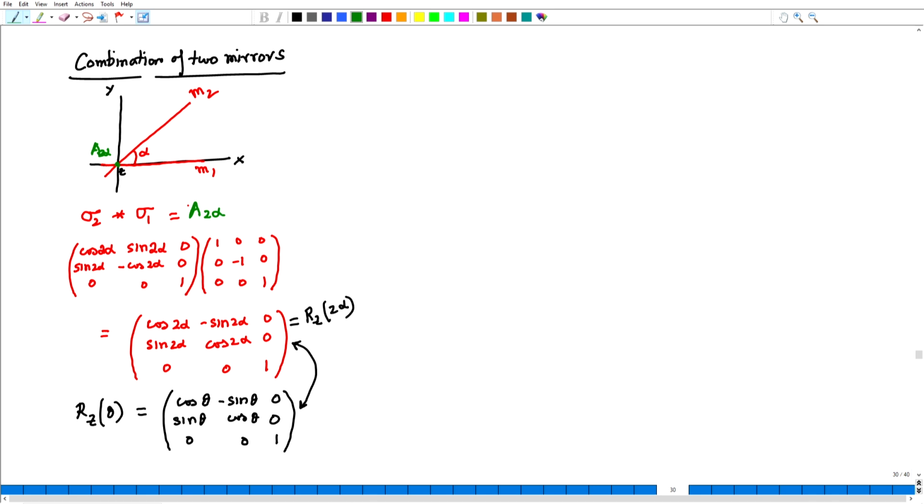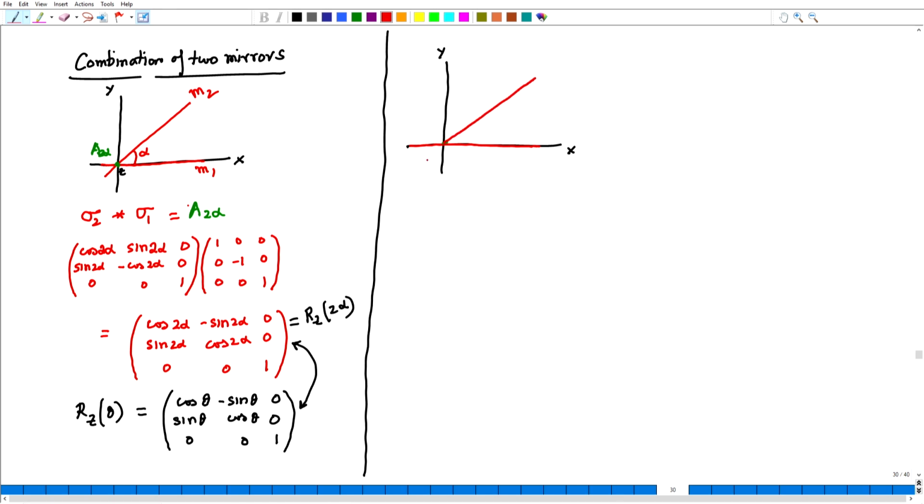Now, this was the matrix method of working this out. We can also visualize this geometrically. So, let us start with the same kind of diagram again. Put the two mirrors, one in the xz plane, the other at an angle of alpha.